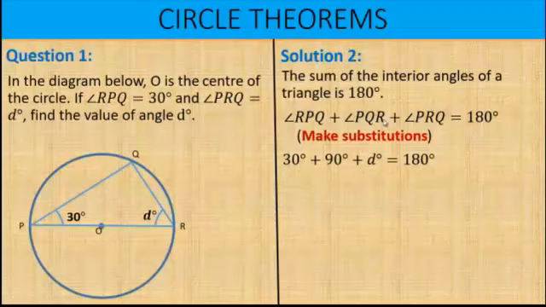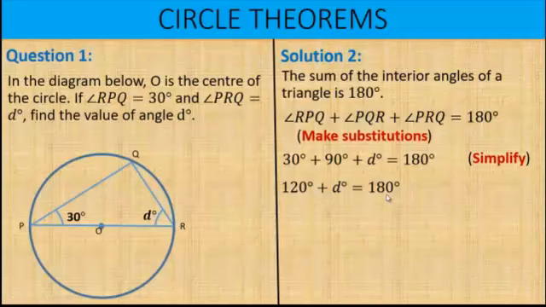Angle PQR is equal to 90 degrees, that is the angle at the circumference, which we already know is 90 degrees, plus angle PRQ, and that is d degrees. When we add all these, we equate it to 180 degrees. And then we simplify. 30 degrees plus 90 degrees would give us 120 degrees plus d equal to 180 degrees.